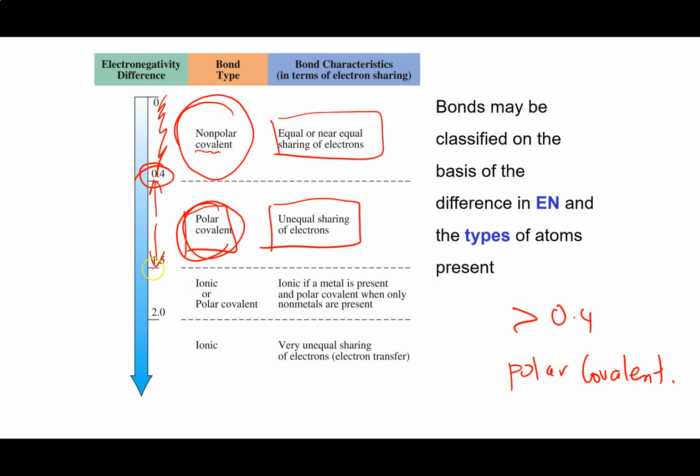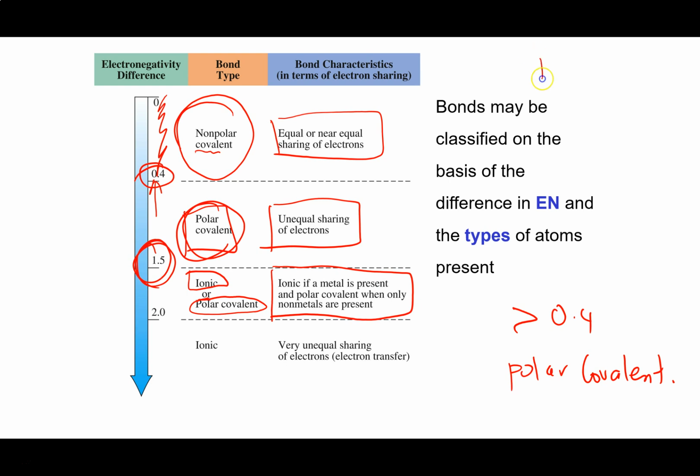Now, once you get really big differences in electronegativity, so we're talking about greater than 1.5 here, this is typically what we're going to see for ionic bonding. We don't really have sharing of electrons anymore. The electrons have been completely pulled over to one atom. You might see the occasional molecule, perhaps with hydrogen, that has a difference like 1.5 or higher.